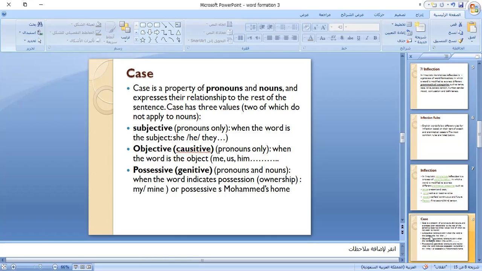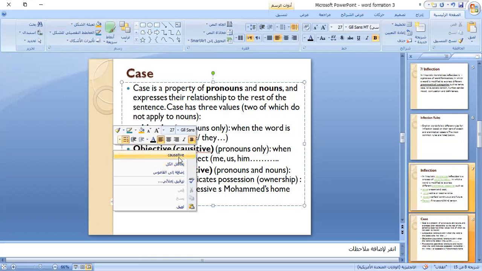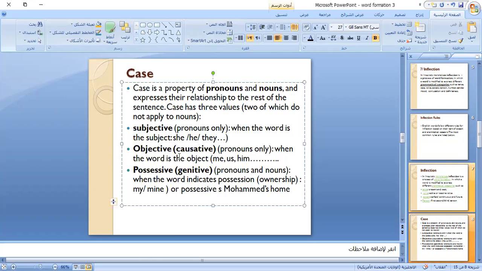For nouns, we have the possessive form like Muhammad's home, Ali's book, and so on. So these are the three main cases. Actually, there are other forms of cases, but these ones are enough. Okay.